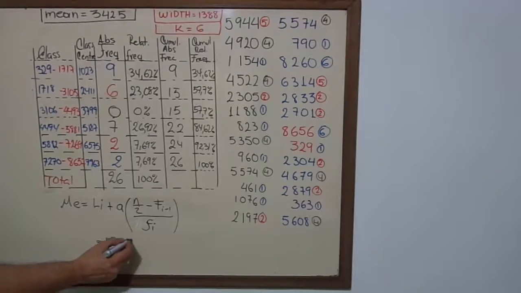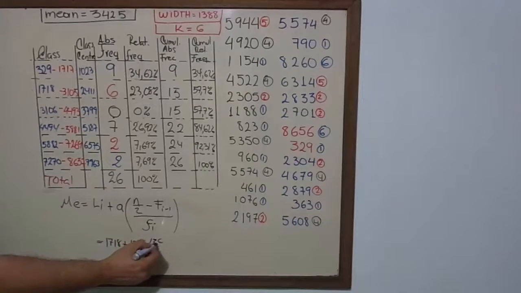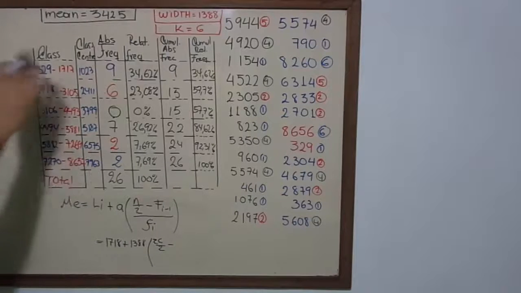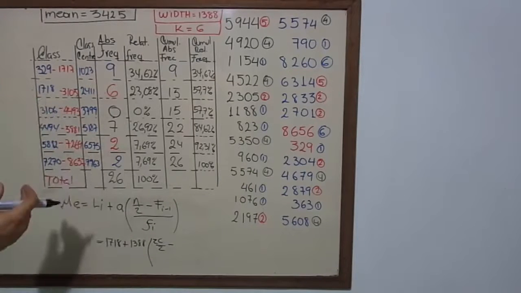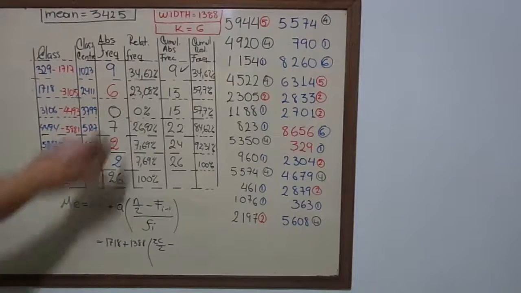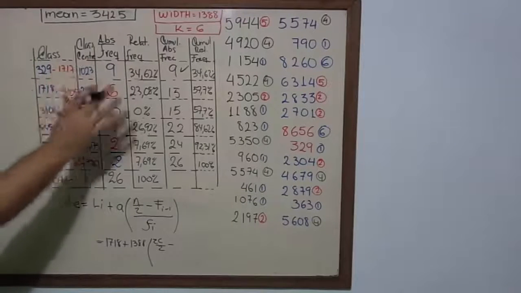1,718 plus 1,388, right? Which is A. 26 divided by 2 minus the cumulative frequency of the class which is before the class that contains the median. In this case, this is the number. It coincides that it is the same number that was before, but do not get confused.